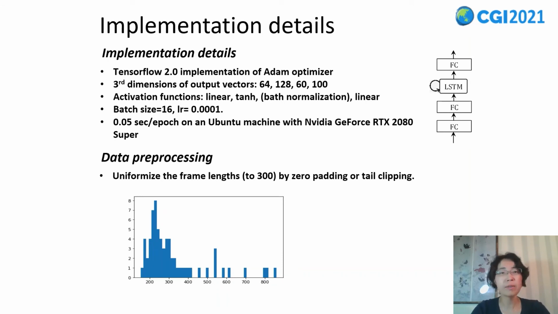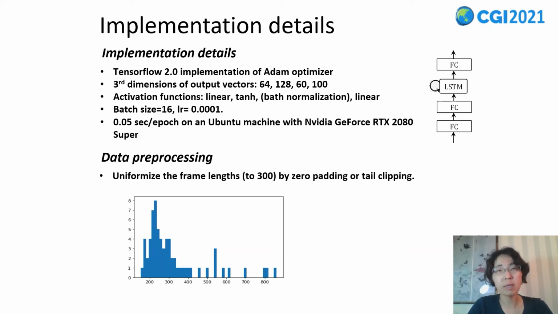Implementation details on our DSNet are listed on this slide. And let me briefly mention our data preprocessing. Although spatially coherent, each motion sequence in the DyNA dataset comes with a different number of frames.